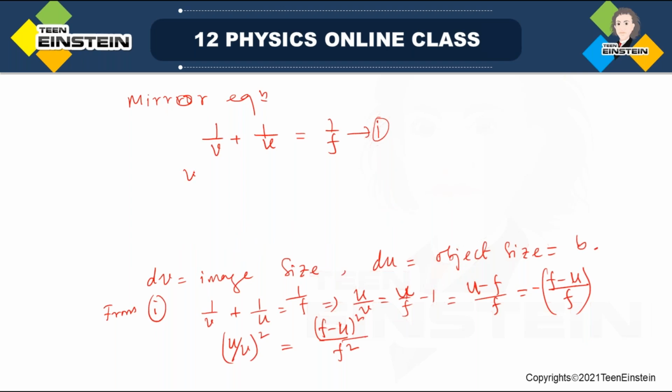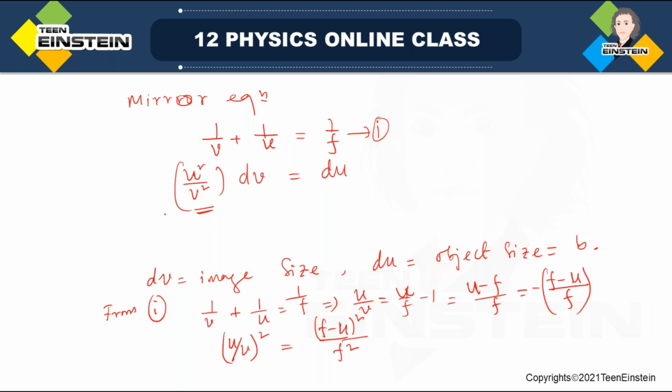So we have got u square by v square into dv is equal to du. So now we are just finding out what is this in terms of u and f. Okay, so we have already got this.